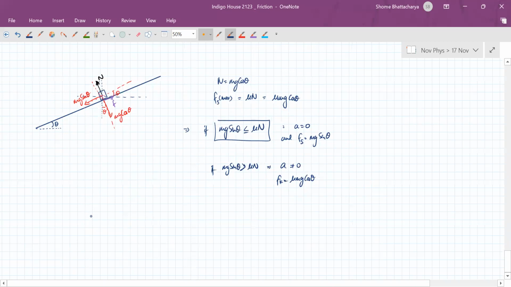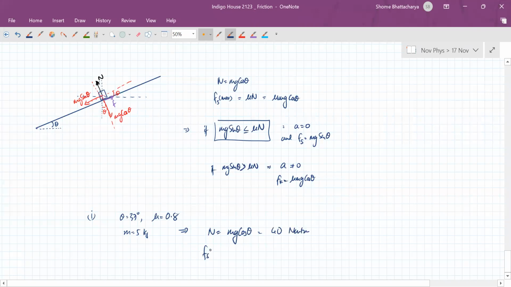So in the first case, our theta is equal to 37 degrees and coefficient of friction is 0.8. And mass of the block is 5 kg. So we can see that the normal reaction, which is mg cos theta, will become 40 newtons.